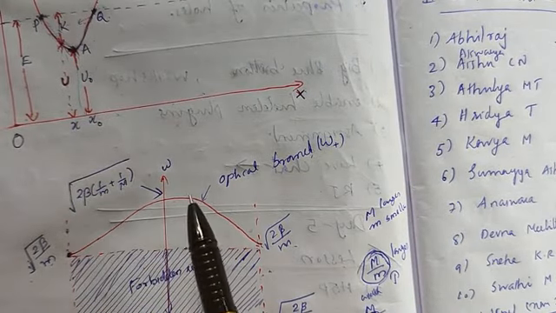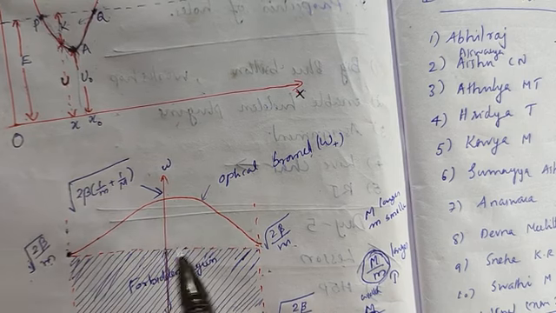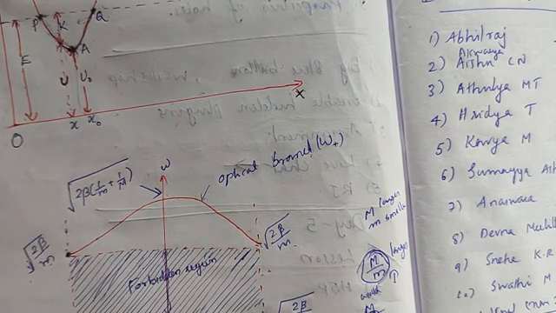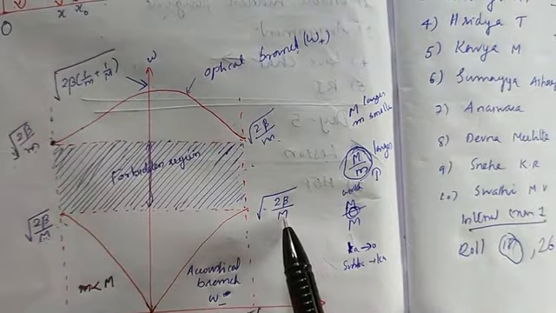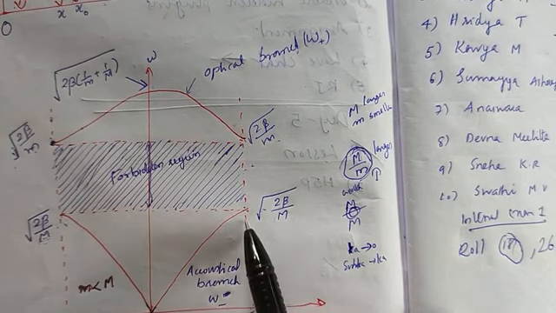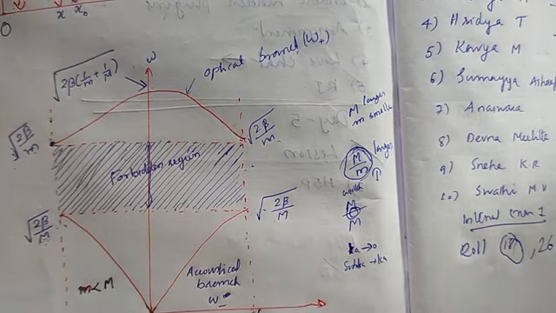So this value is reduced and it becomes more and more flattened.